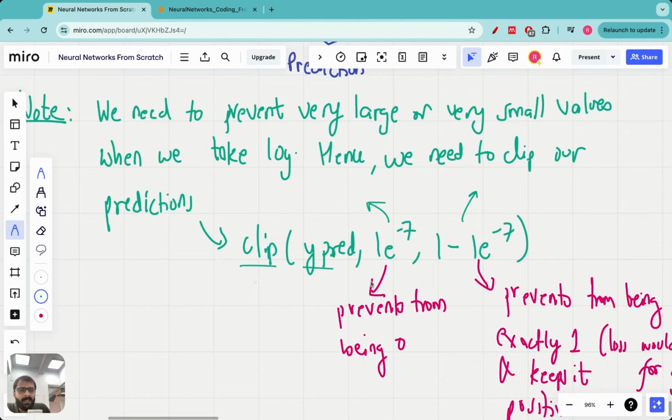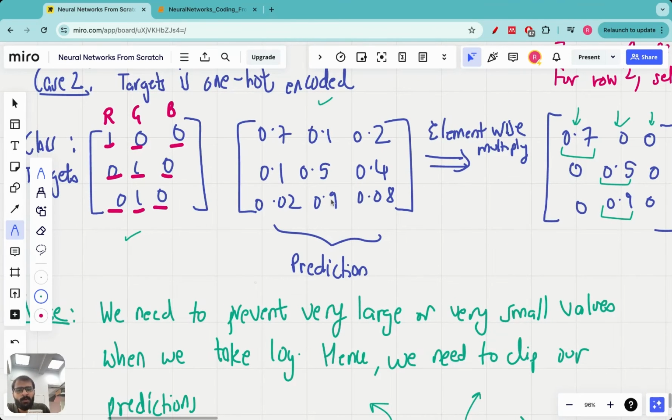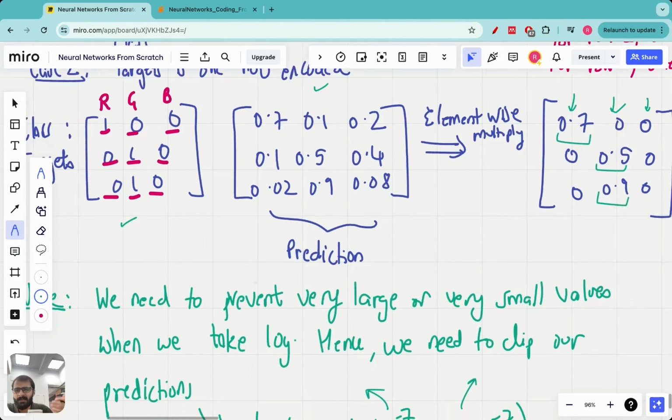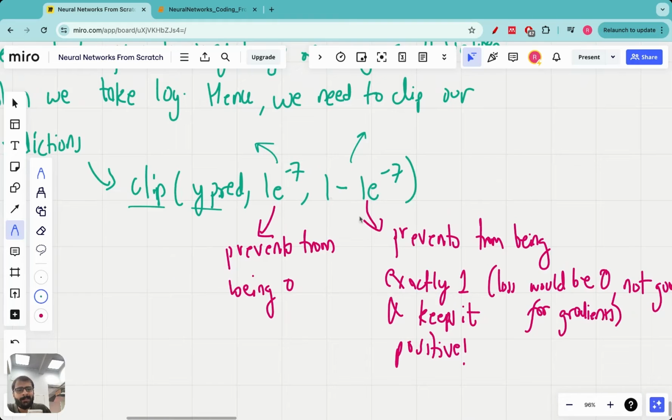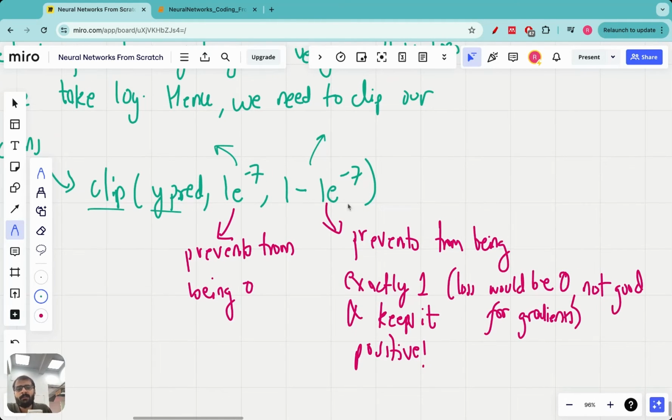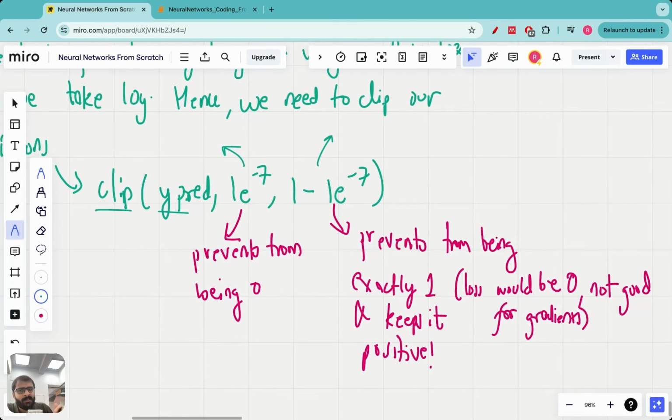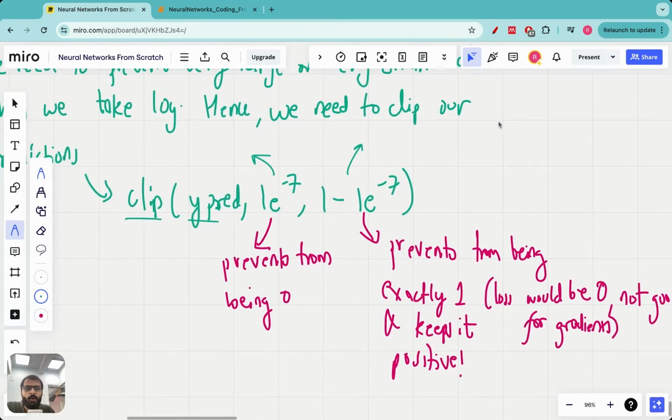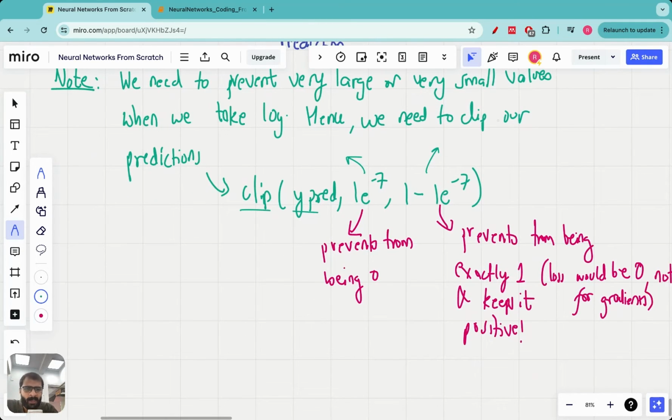By giving it a minimum value, it prevents any value here from becoming zero, because if it becomes zero and you take a log of it, it leads to a big problem. We also prevent it from becoming exactly one, because if it is one, the loss would be zero, and that won't be good for taking gradients. So we will keep it just very close to one. So the input values will never be zero and will never be one, so that we avoid the issues when we take logarithms.